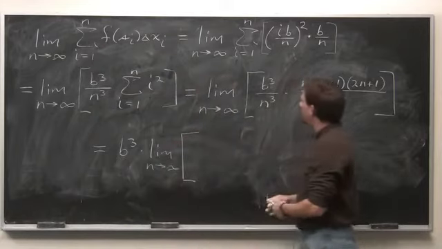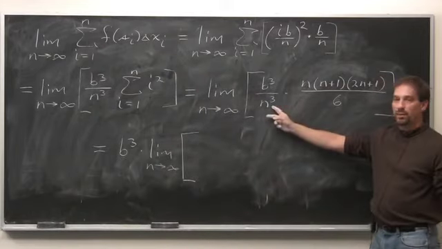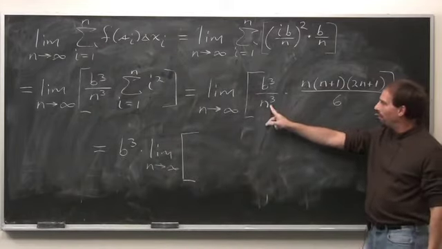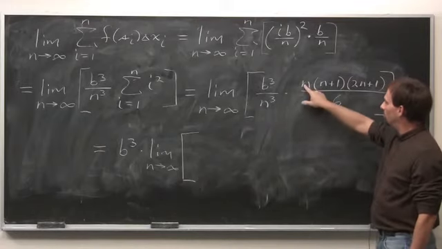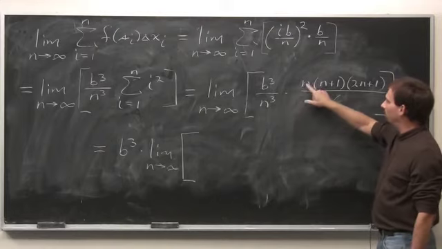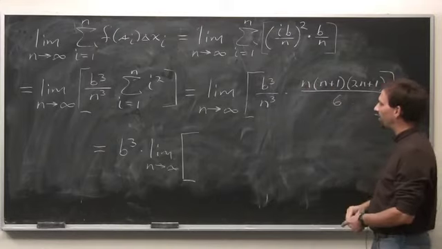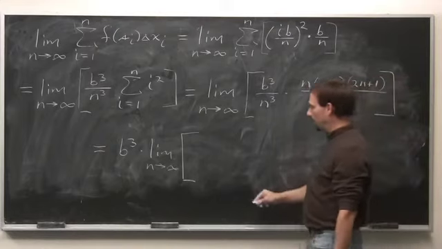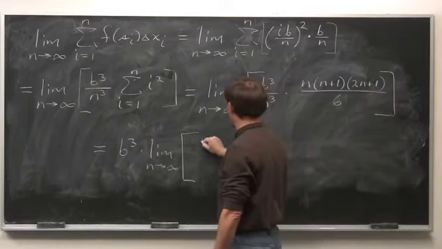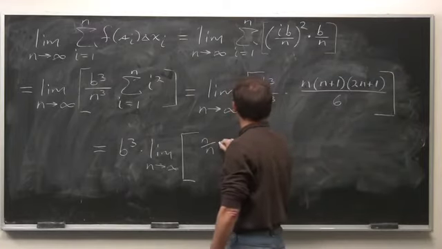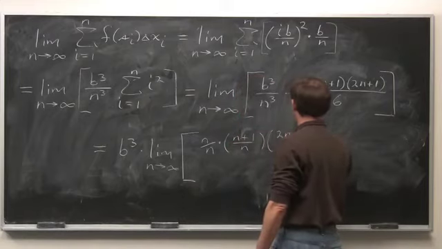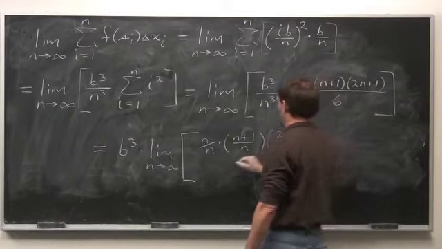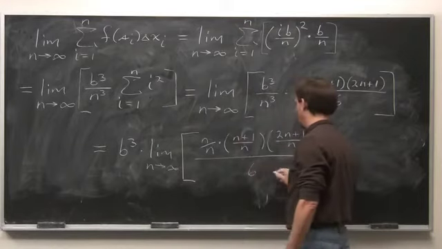We're left with this divided by n cubed. I'm going to take that divided by n cubed and divide each of these factors by one of the n's. So dividing by n cubed is dividing this by n, this by n, and this by n. You get n over n, then n plus 1 divided by n, and then 2n plus 1 divided by n, all over 6.